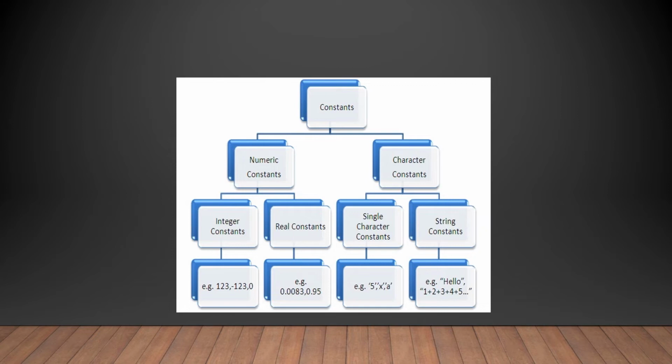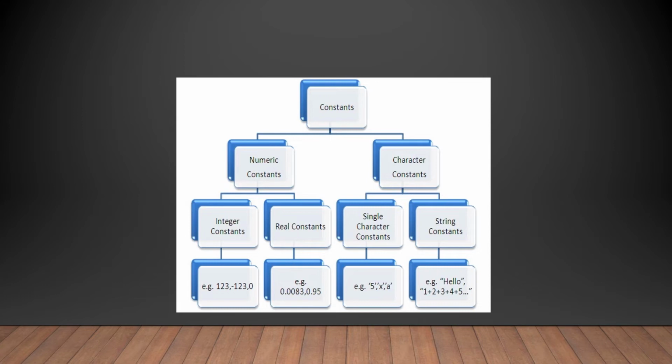Then character constants. Character constants can be any alphabets from A to Z. So it is single character constants or string constants. Example, you see, guys, for integer constants, it's a whole number: 123, minus 123, 0, etc. Real constants include floating point values like 0.0083, with mantissa and exponent. We have seen the floating point number representation using mantissa E exponent, that is scientific notation.